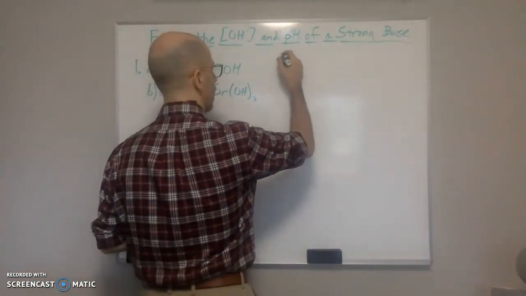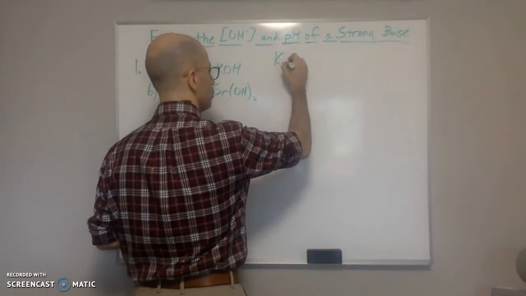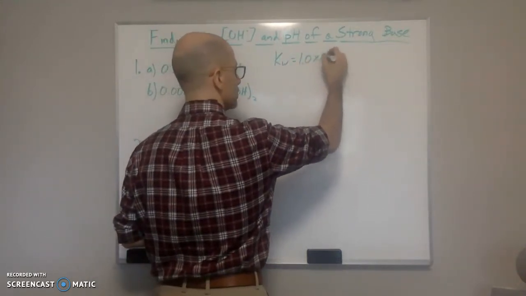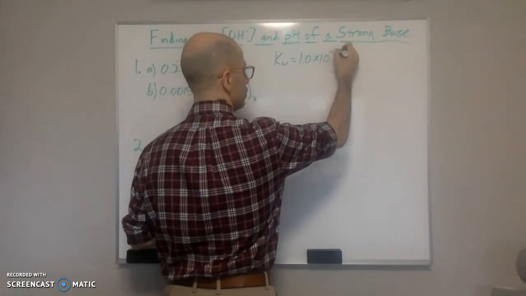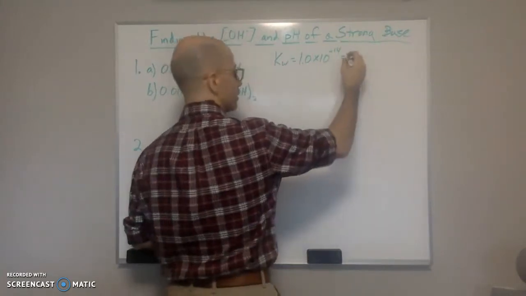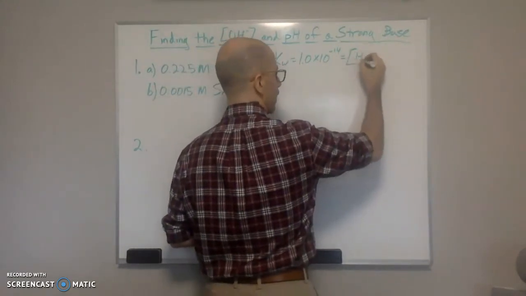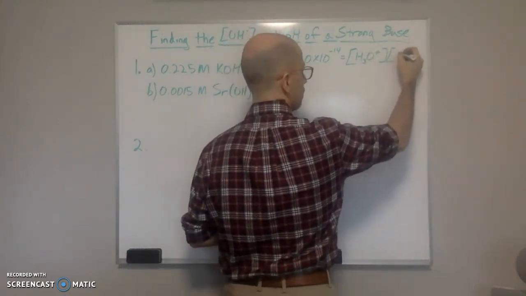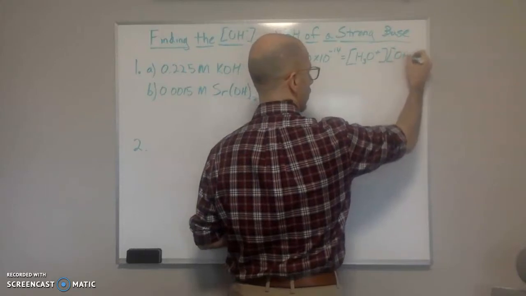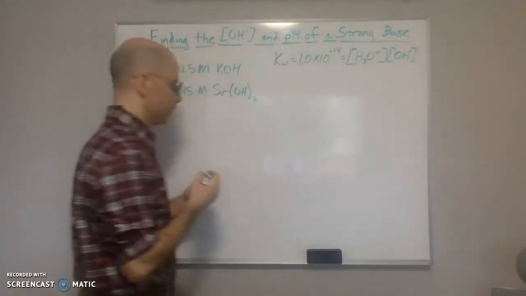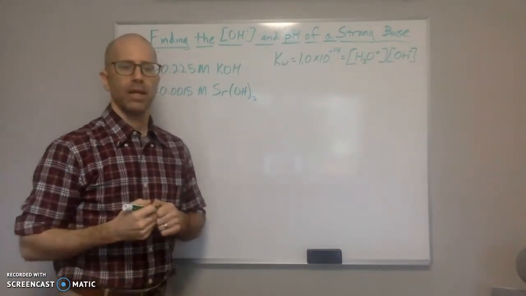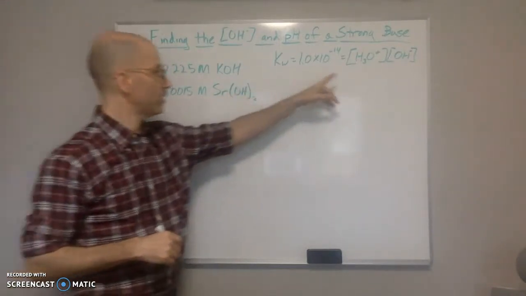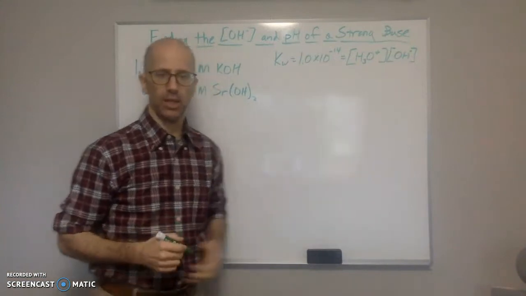So basically the equation is Kw, which is 1.0 times 10 to the negative 14, and that's going to be equal to the product of H3O plus concentration multiplied by the OH minus concentration. And so if you're given one of these, then you can find the other.